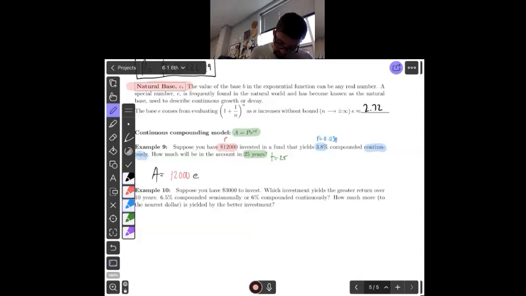So 0.038 times 25 would go up here. I just need to be really careful about how I type that in the calculator. We'll use parentheses around that.